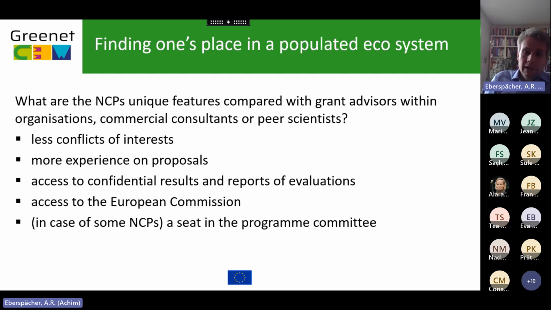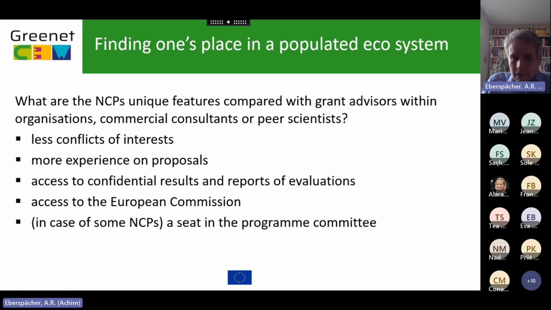Then we have unpublished information. This we get via the program committee, the evaluation reports and also the results. We have short links with the European Commission, so we can call Thomas Schubert or these officers from RTD if we have any questions.